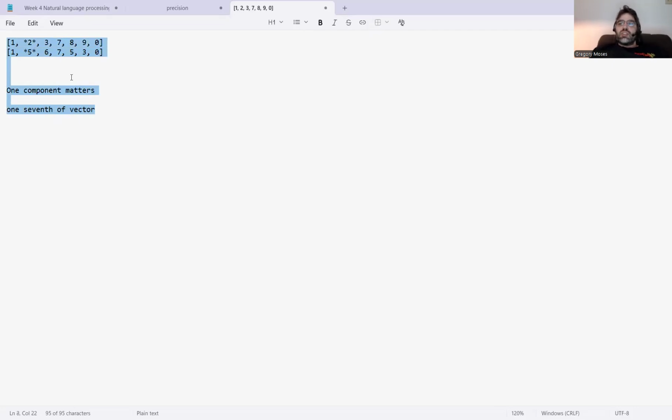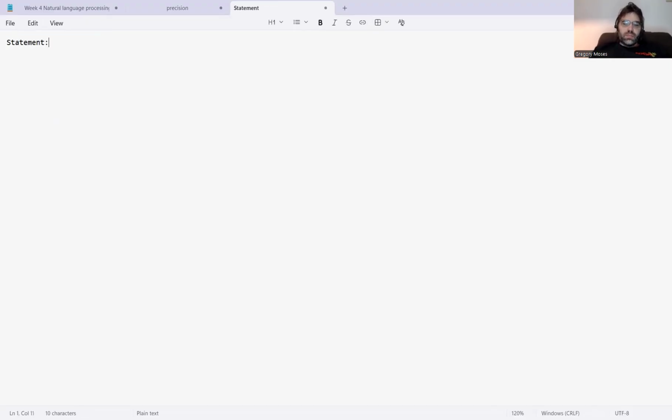And this applies to clustering. The more dimensions there are, the harder it is to find clusters. So here's a statement followed by a question.